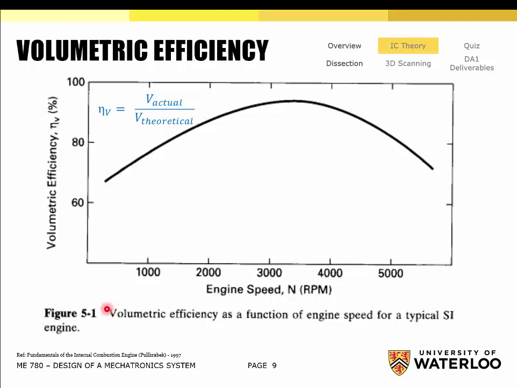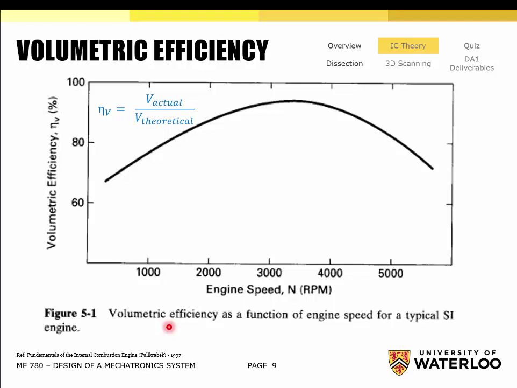Similarly, the engine, based on the engine speed, has what's called a volumetric efficiency. Ideally, when you breathe in, you're going to breathe in as much capacity as your lungs have. However, your lungs don't actually convert 100% of the volume they have available into breathing in air. It doesn't work like that exactly.